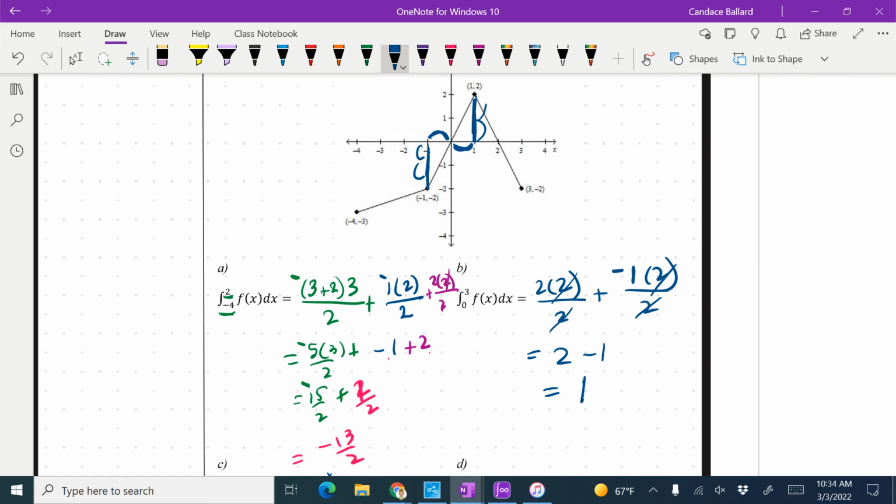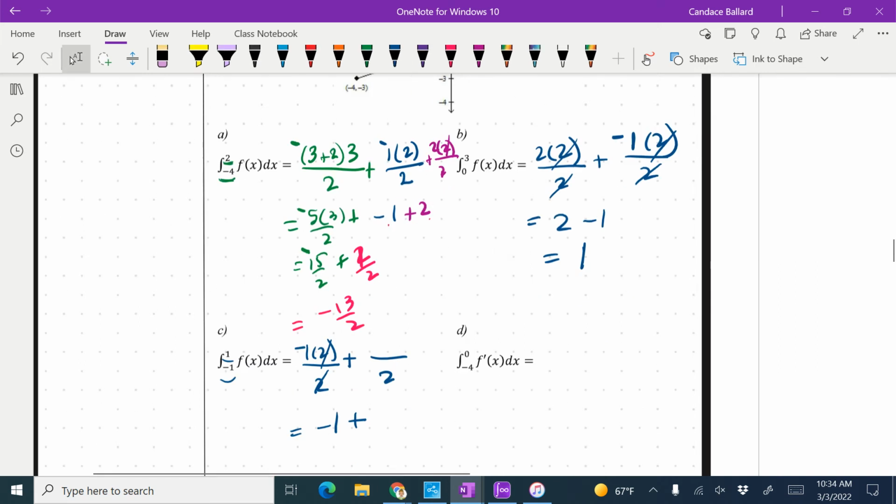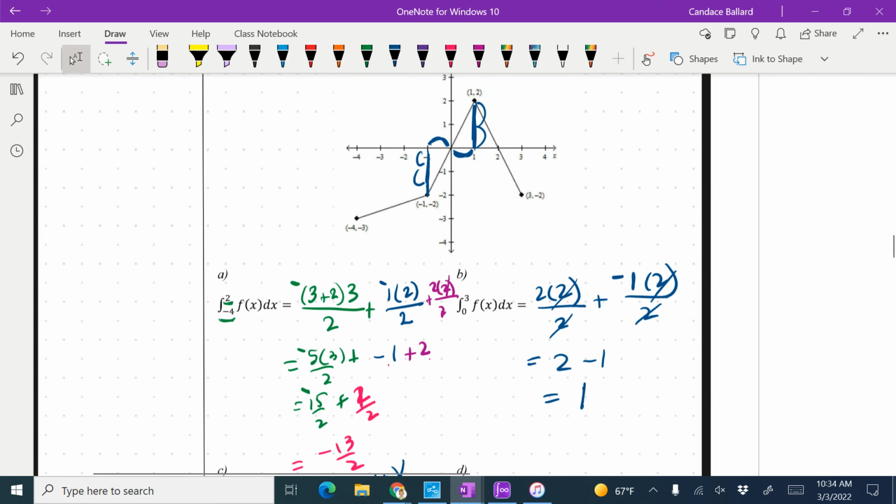Okay, what's the height? 2. It's positive, right, because it's above, so it looks like 1. What's my overall area? Ends up being 0, right? It should make sense because if we look at those triangles, they're the same triangle and one's above and one's below, so it's going to zero it out. Okay.